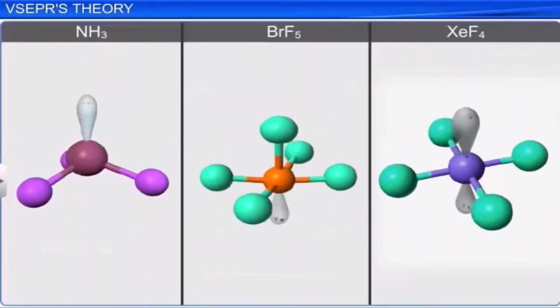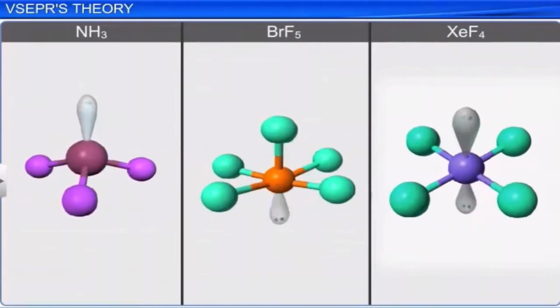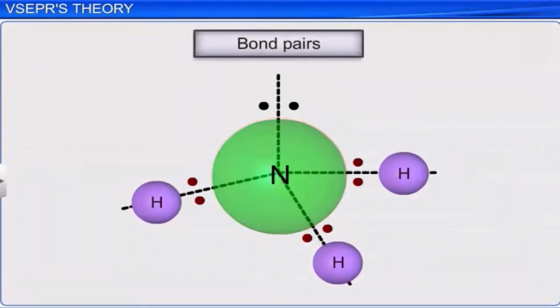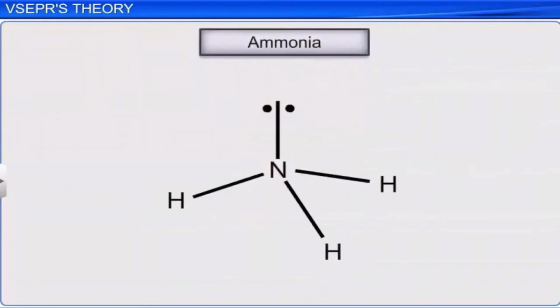Now, let's analyze the shapes of some molecules with reference to their valence electron pairs. In ammonia, the central nitrogen atom has 3 bond pairs of electrons and 1 lone pair of electrons. The ideal geometry of a molecule with 4 pairs of electrons would be tetrahedral.